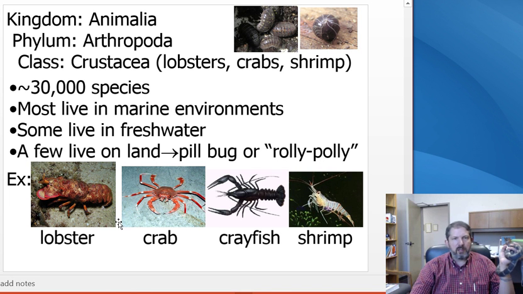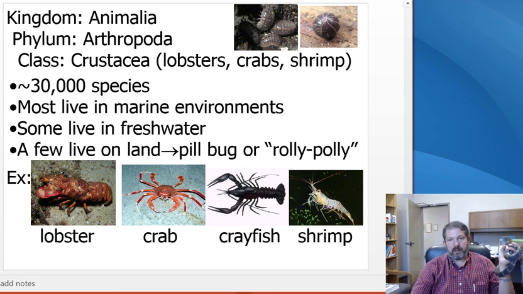They're very segmented. But most crustaceans live in the ocean. A few are on land, a few in fresh water, like crayfish. But mostly they're marine. A lot of them, about 30,000 species, and we like to eat them. So we like that about them.